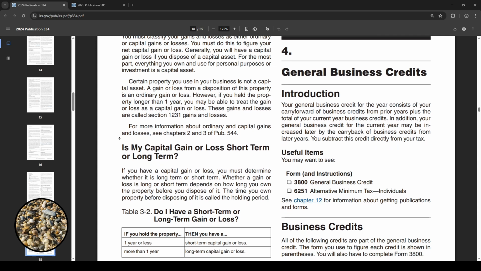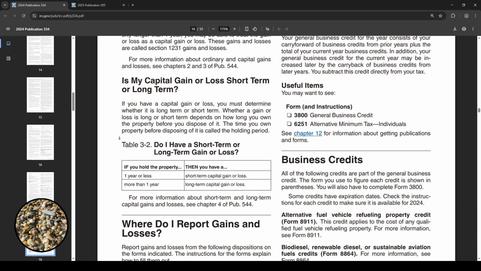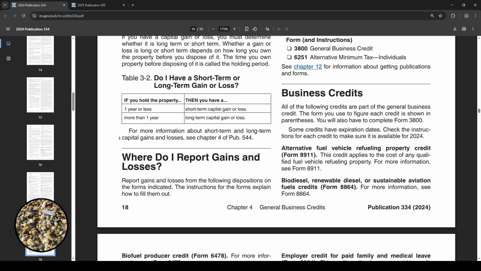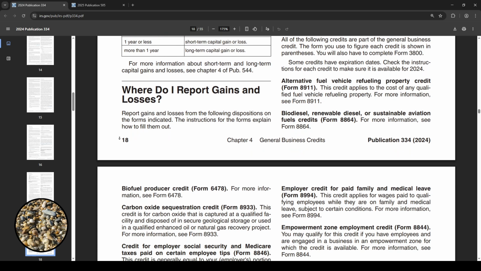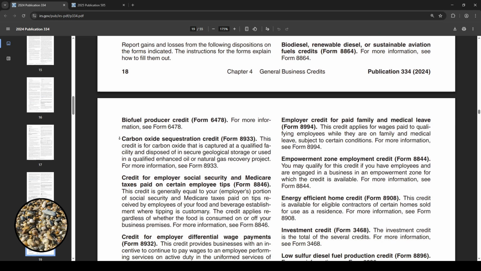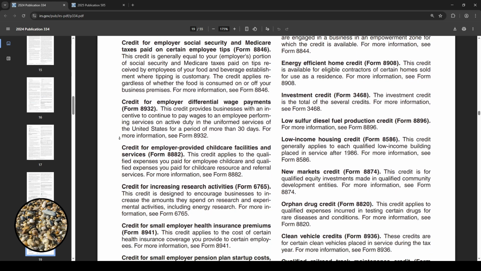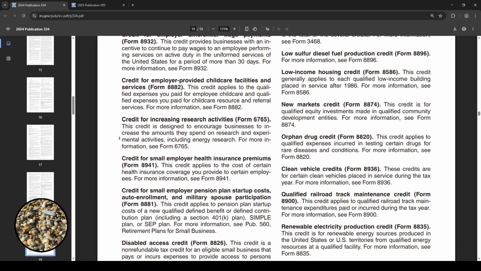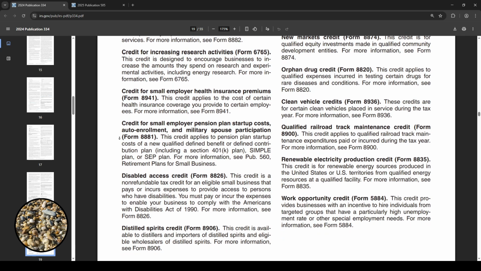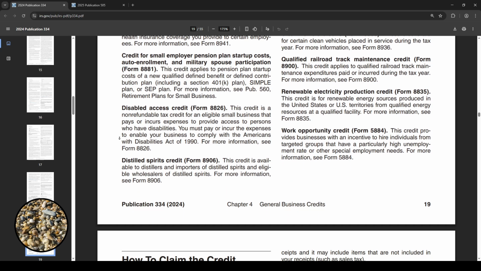How to make the payment. Paying your taxes has become significantly easier with digital tools. The most direct way is through the official IRS website using their direct pay system. You can pay directly from your business or personal bank account without any additional fees.